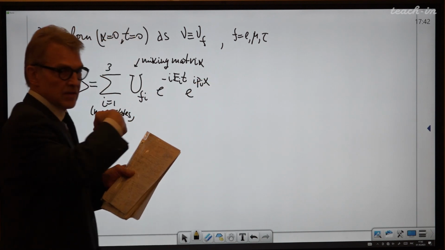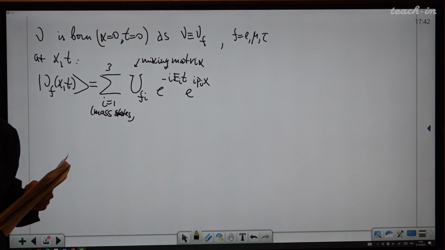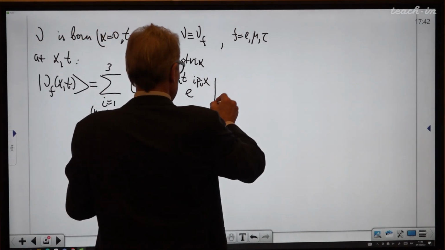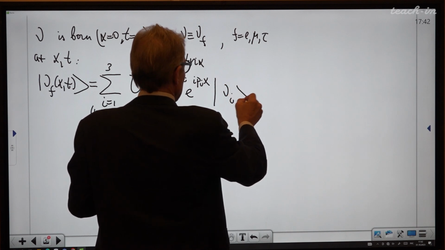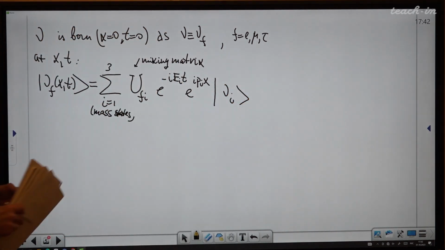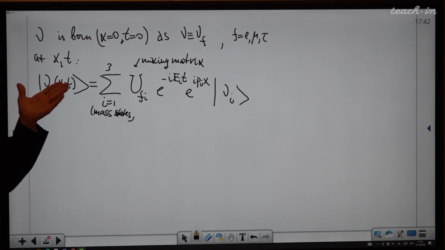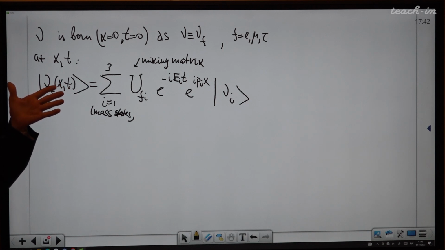We suppose that this is a one-dimensional problem and the neutrino propagates along the x direction. And here, this is the particular mass state. This is what we will have if we suppose that each flavor state is a superposition of mass states, and if the plane wave approximation is valid for the description of propagation of the mass states in space and time.